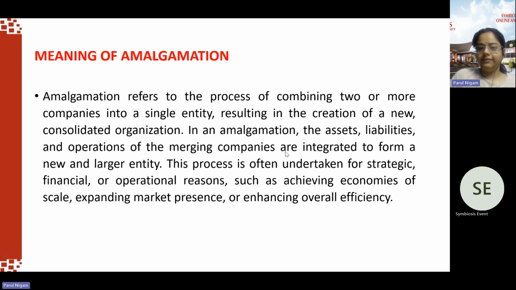Economies of scale will happen in the manufacturing plants, distribution networks, IT infrastructure and administrative functions. This leads to lower cost due to bulk purchasing, reduced operational redundancies, and improved bargaining power with suppliers.